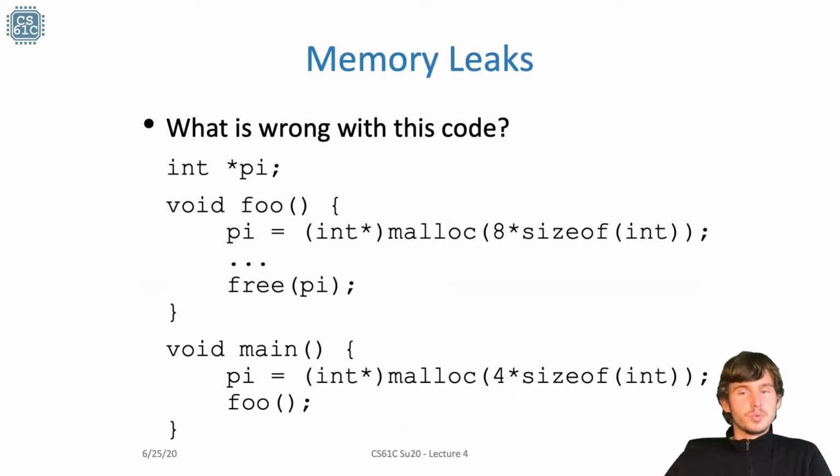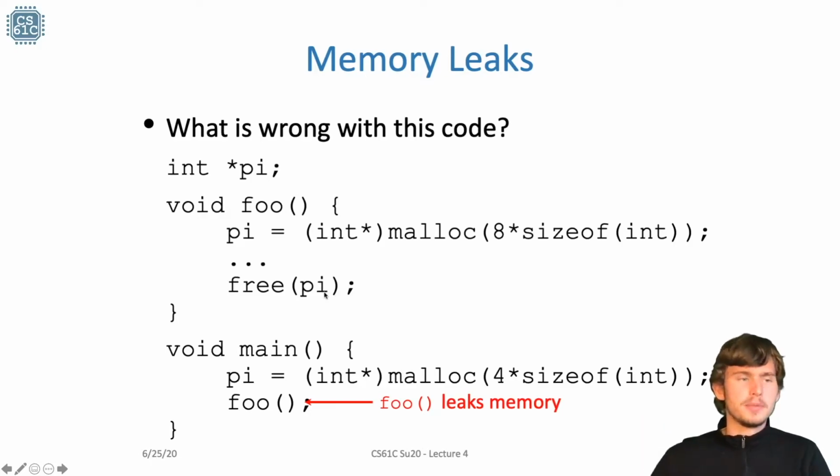How about this code? What's wrong with this code? Well, in this case, foo leaks memory. But how does it leak memory? I mean, we've malloced memory here, and then we've malloced memory here, and then we free pi. I mean, shouldn't pi now be free? I mean, it should always be free, just like America. No, just kidding. So pi is actually redefined right up here, which means we lose access to the malloc operation right here.